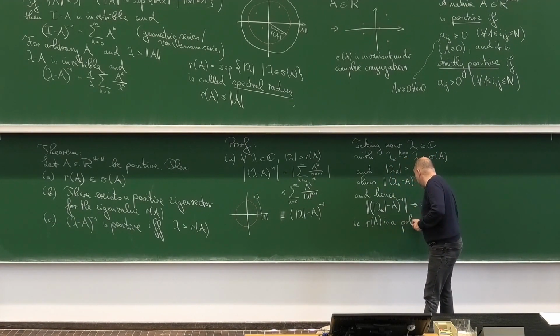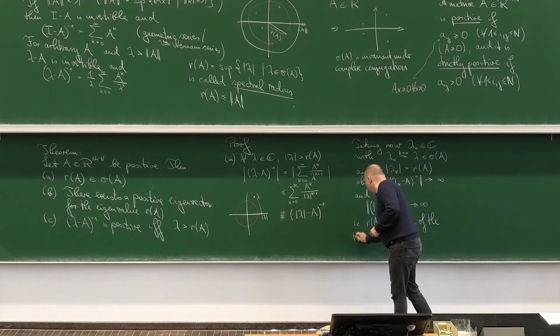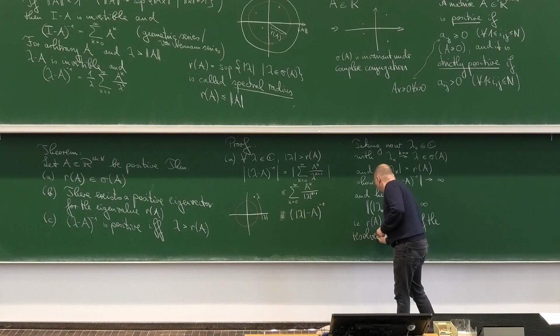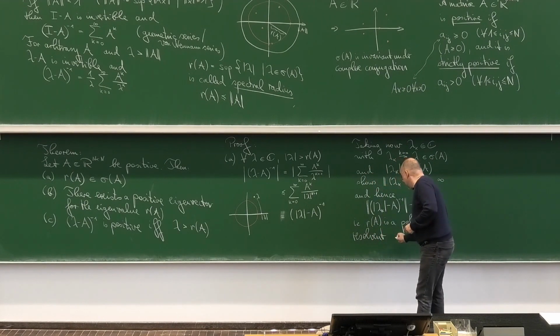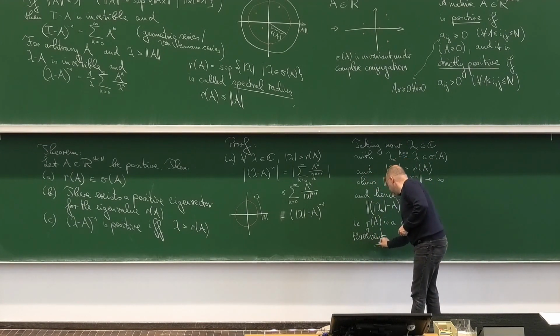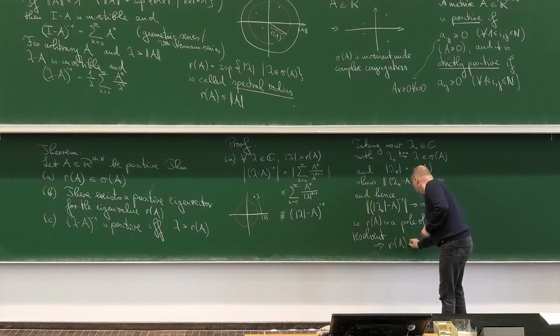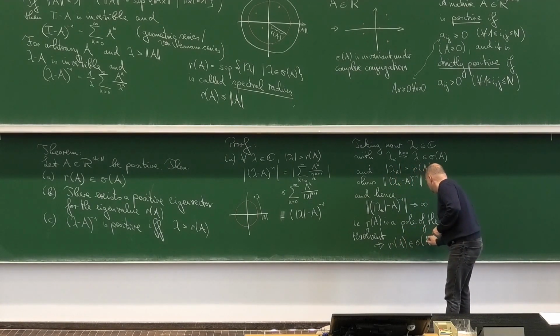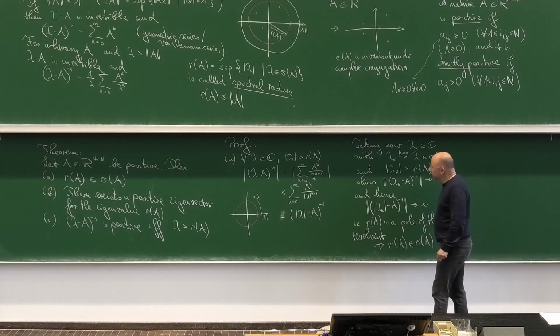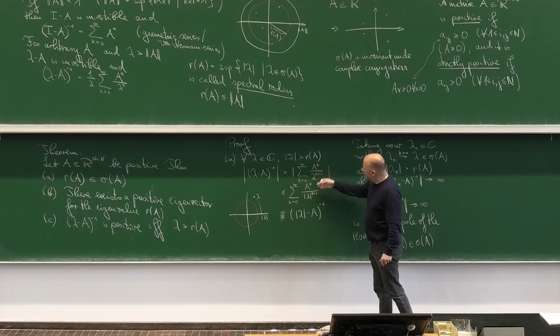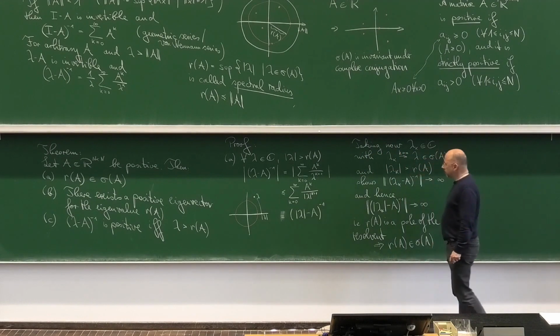It's a pole of the resolvent. And hence, R of A must be in the spectrum of this matrix. And we have used the positivity here in this inequality.